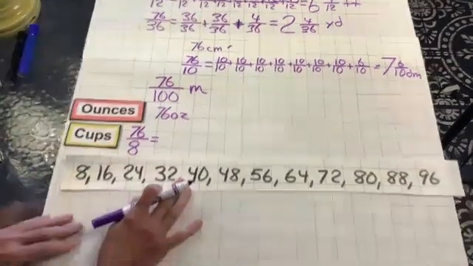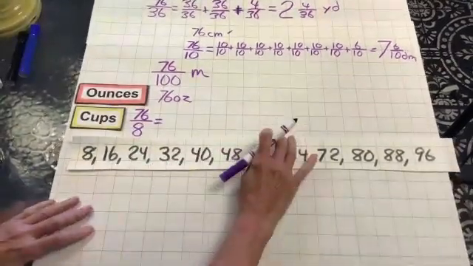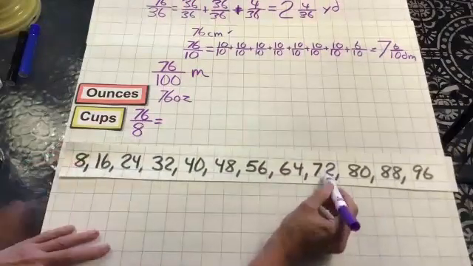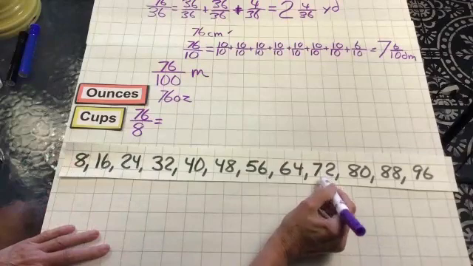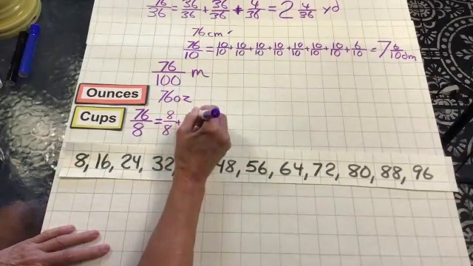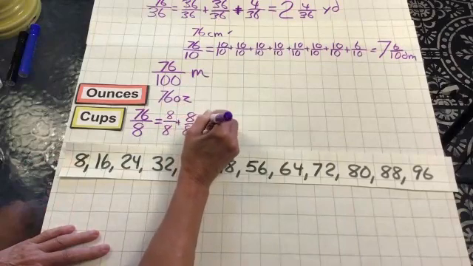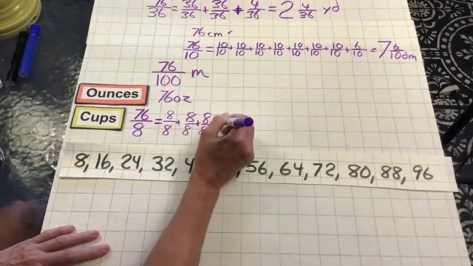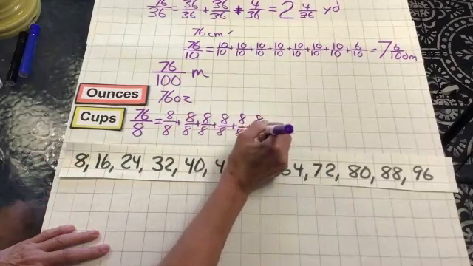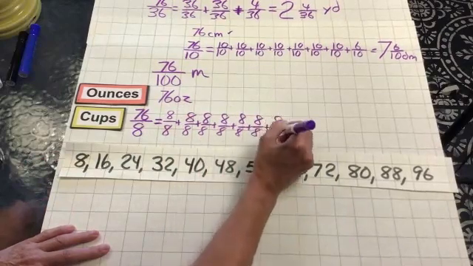And I'll lay that out there. So we know we can go all the way up to here, which is 9/8. 9 sets of 8 is 72. So we're going to make 9 sets of 8 to show our eighths.